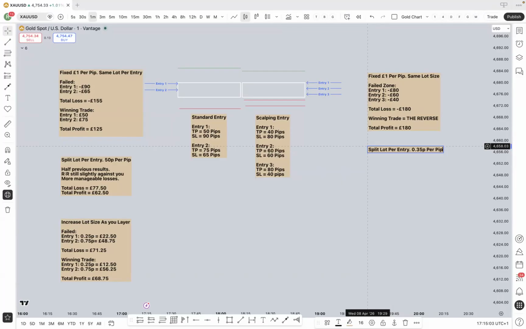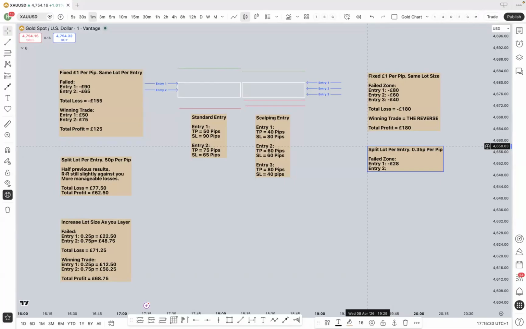All right. So let's go with a failed zone. Entry 1. Now, entry 1 is 80 pips times 0.35, which will give you minus £28.